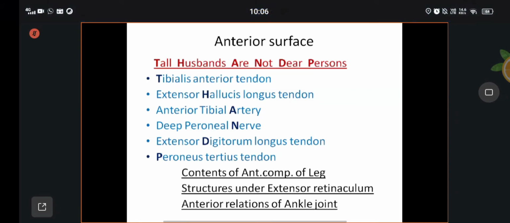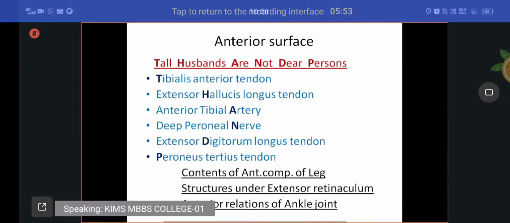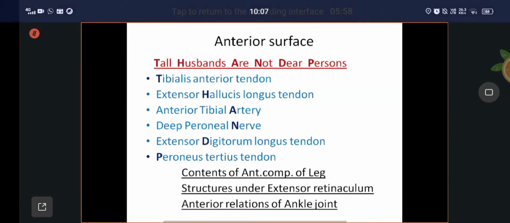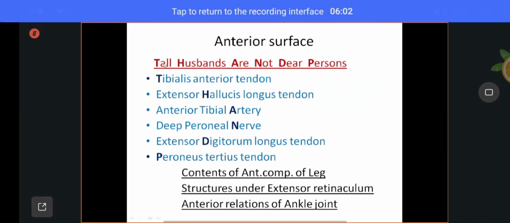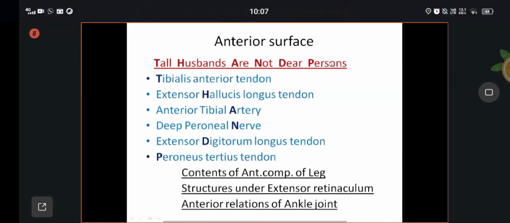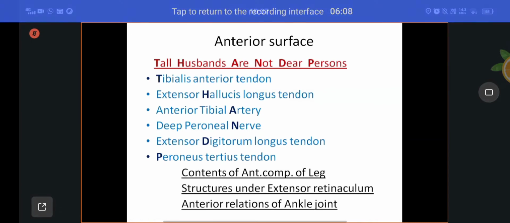These three things, the answer is same. Anterior compartment structures are structures under cover of extensor retinaculum or anterior relations of ankle joint. Answer is same. To remember all these structures, there is a mnemonic.